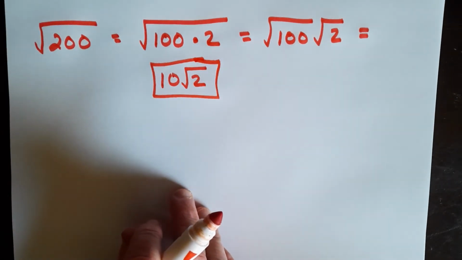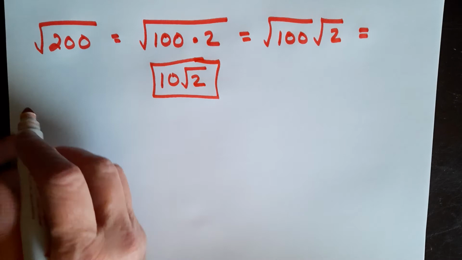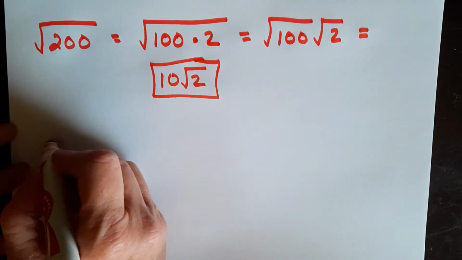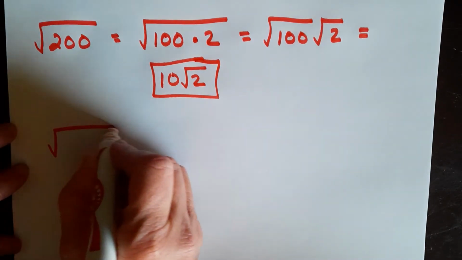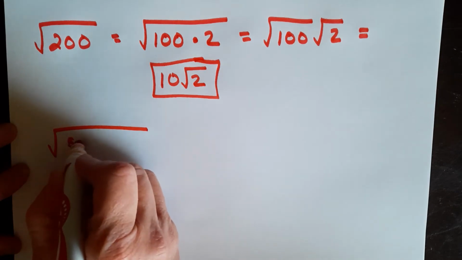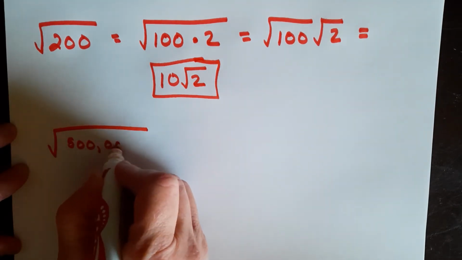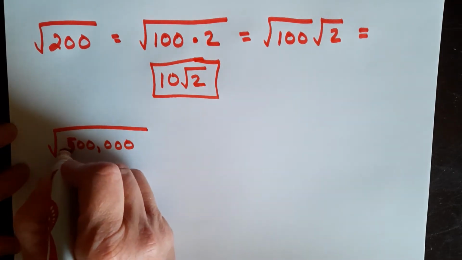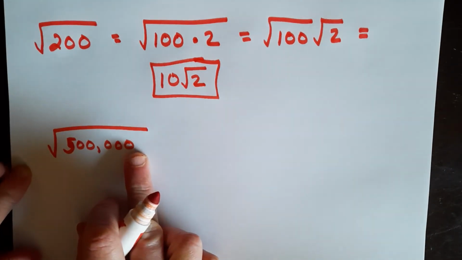So we can also look at something in chapter 66 where we have square roots of even larger numbers. We talked about this in class today. So if we take a look at the square root of 500,000, well, first of all, we need to find a perfect square within this number.